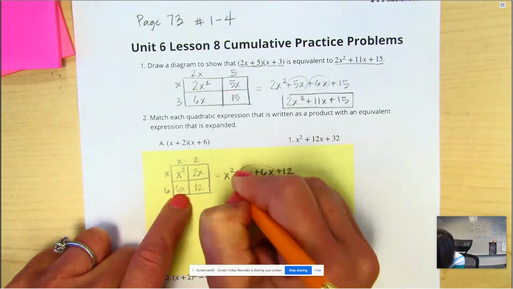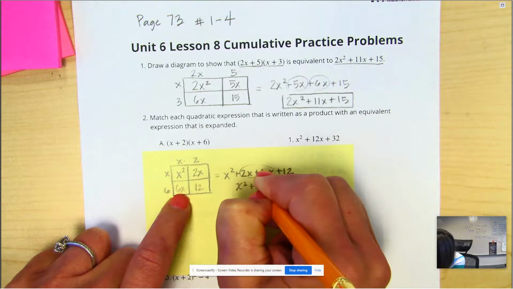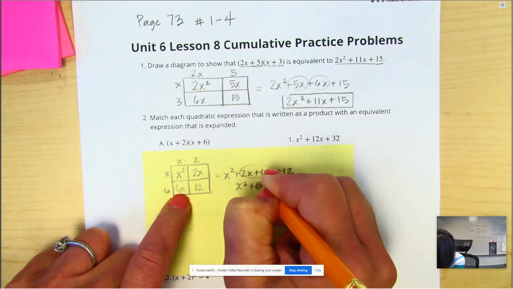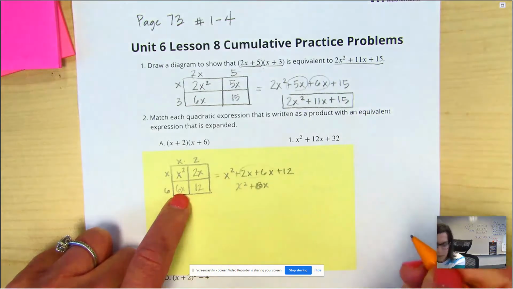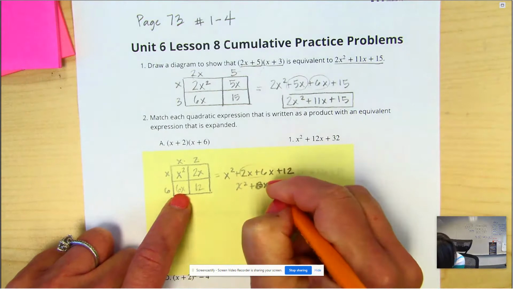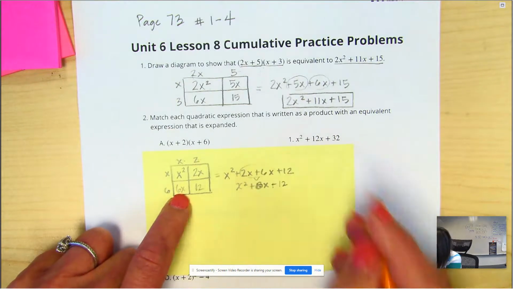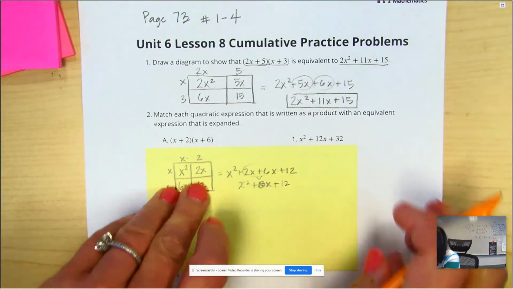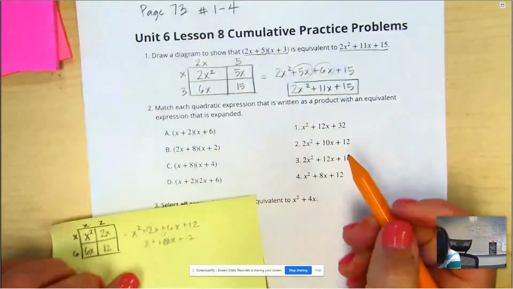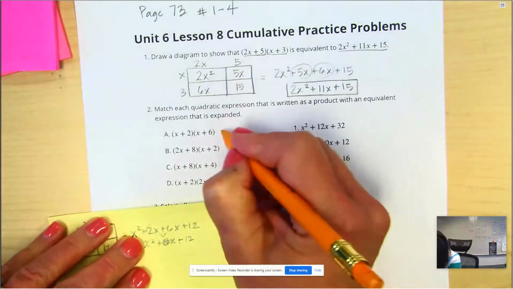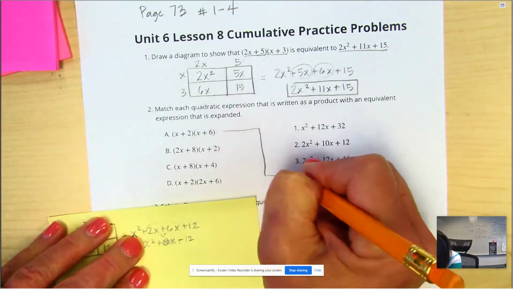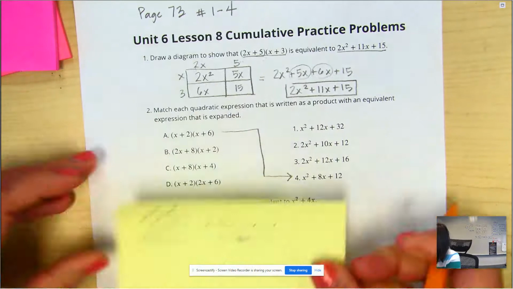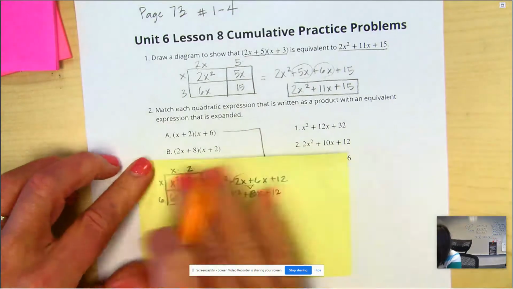These go together. X squared plus, that would be an 8x. Those go together. Plus 12. Okay, so I believe A matches with number 4.